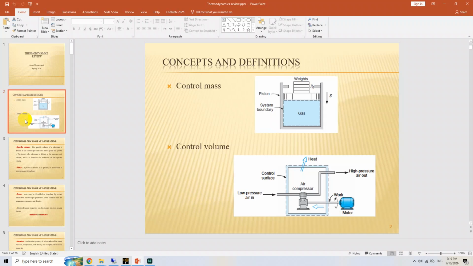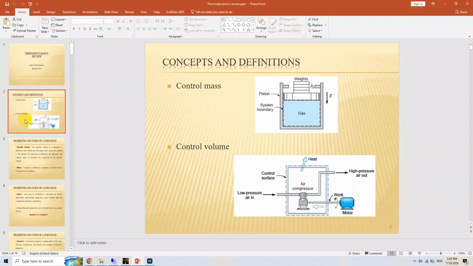So the boundary of the system is isolated to the mass, but you can have heat and power work with this control mass, but you can't have an inlet and outlet of mass.